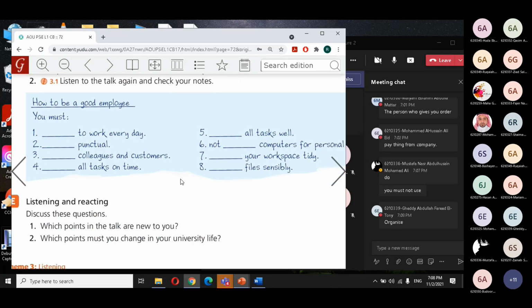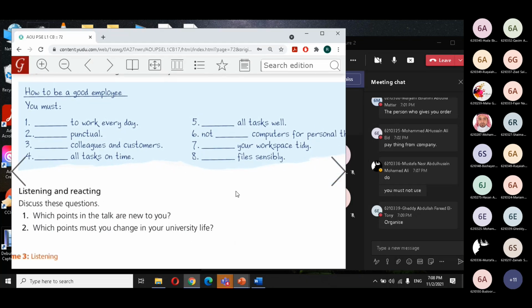So if you look again at the 8 sentences, yes Ghadi, correct, organize. If you look again at the 8 sentences, you will find that these 8 sentences describe the 8 pictures, and at the same time the 8 sentences answer the question how to be a good employee.